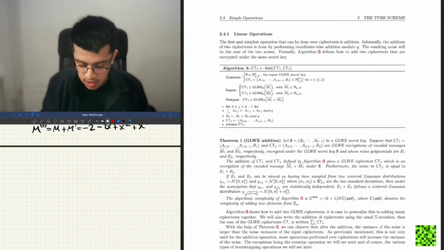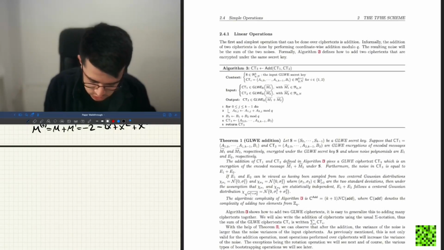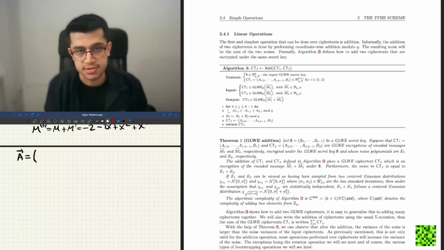Okay. So now we need to encrypt these messages, right, using GLWE encryption. But let's choose our mask vector. Of course, this should be randomly sampled, but this is a toy example, so I'm just making it up. It's a kind of pseudo randomness, I say.